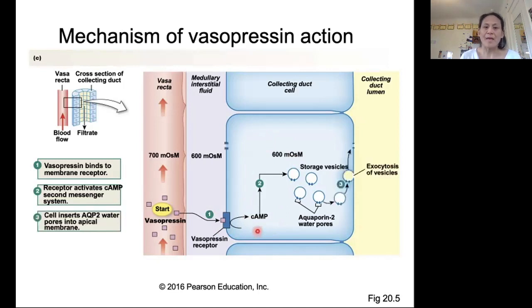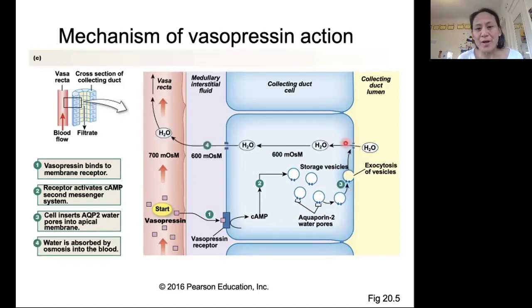And then the result of that signal transduction cascade is that we have these vesicles fuse with the apical membrane of the collecting duct wall. As a result of that fusion, we end up inserting these aquaporin water pores into the apical membrane here.